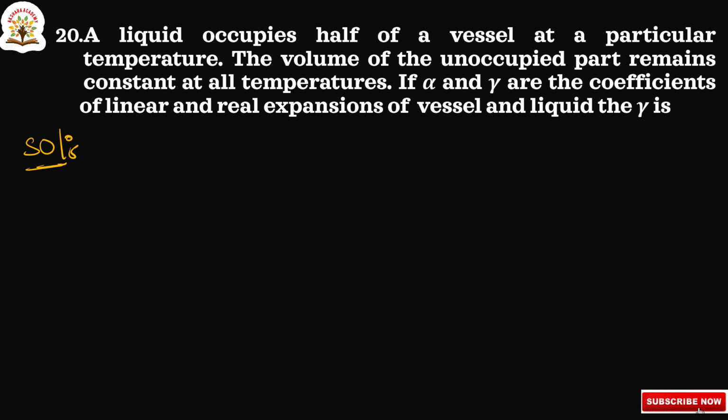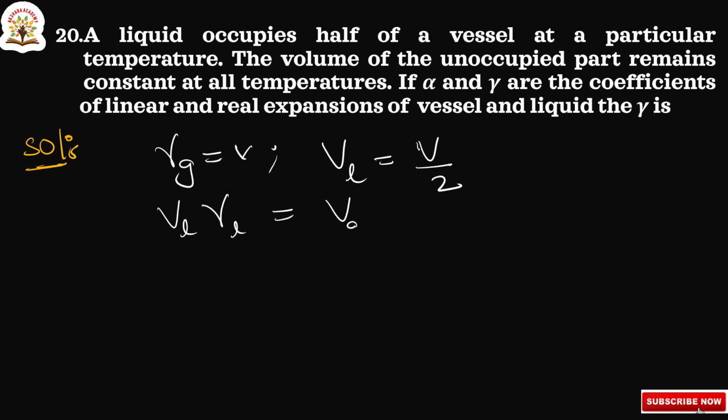Here gamma G is equal to V, and VL is equal to, as given, half of the vessel. A liquid occupies half of a vessel at a particular temperature. So that's why V by 2. So now VL gamma L is equal to Vg into gamma G. So VL can be written as V by 2 into gamma is equal to V into 3 alpha.